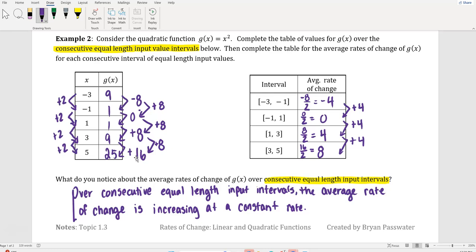If you have your average rates of change increasing at a constant rate, then this, what we call a second difference, is going to be constant.